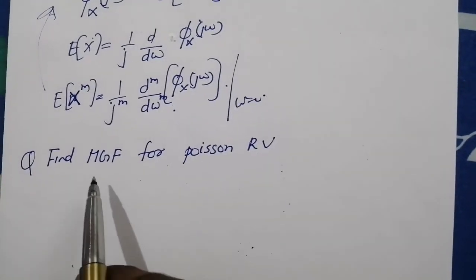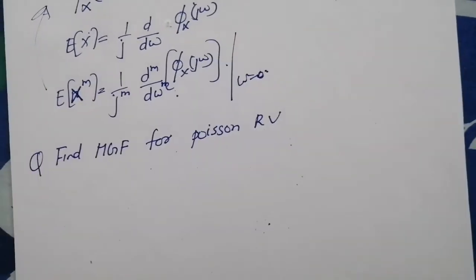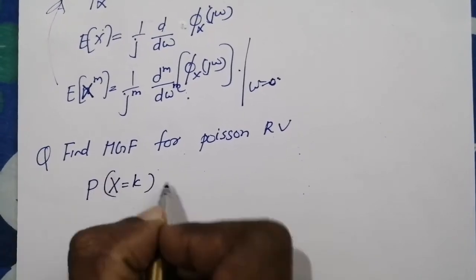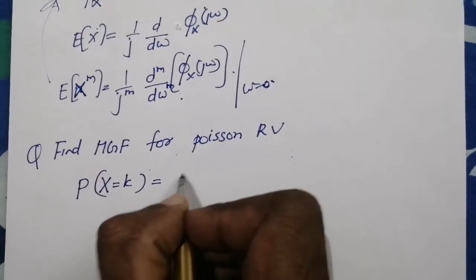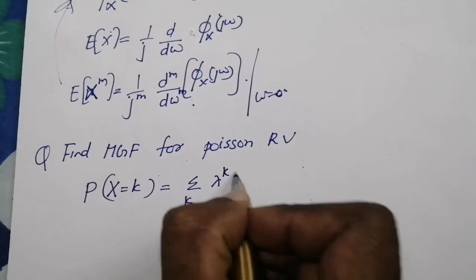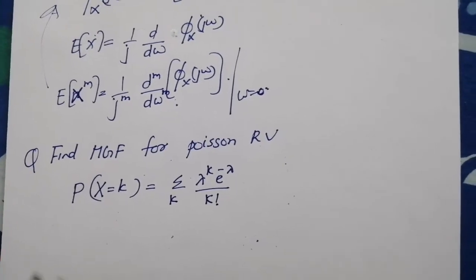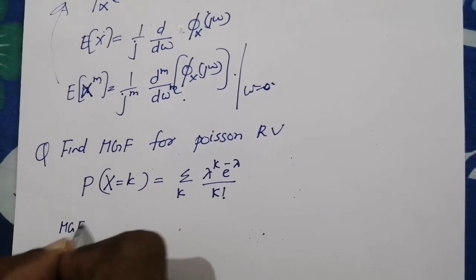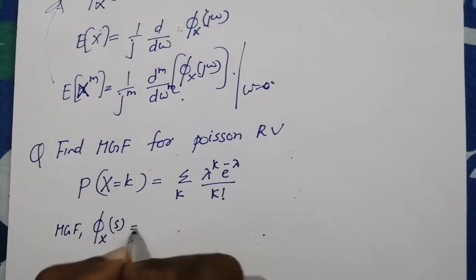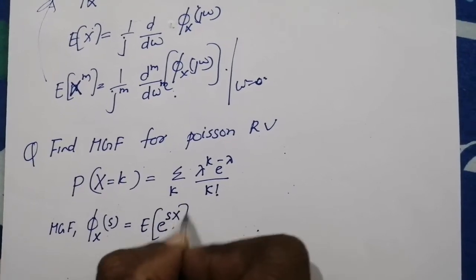Now find the moment generating function for a Poisson random variable. We know that the probability that the random variable x equal to k is given by lambda raised to k e raised to minus lambda by k factorial. Now the MGF is defined as phi x of s, which is equal to the expectation of e raised to sx.